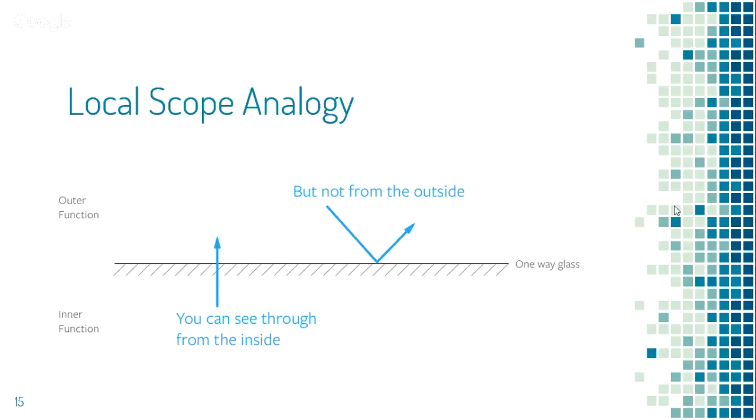Parent functions cannot see what's inside of child functions. So this is an interesting way, I think, to think about the scope chain and scope in general. When you're thinking about scope, think of a one-way mirror and which function is on which side, and I think you'll get the hang of it pretty easily.